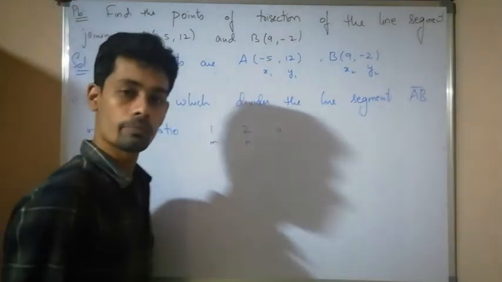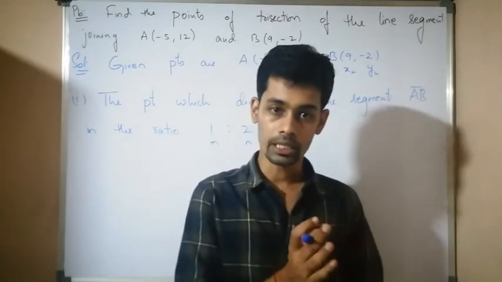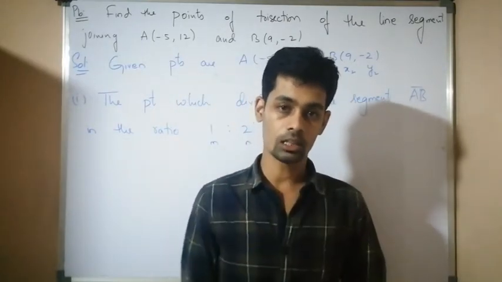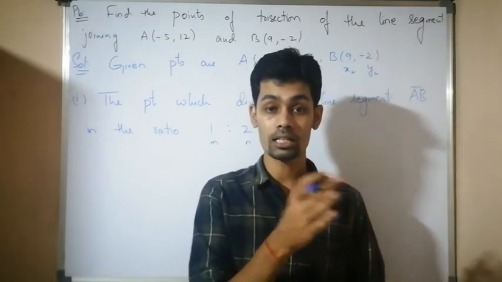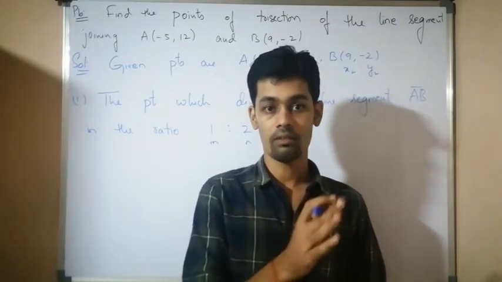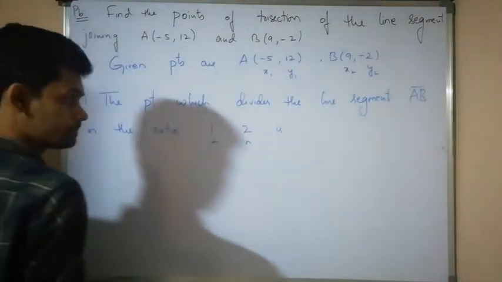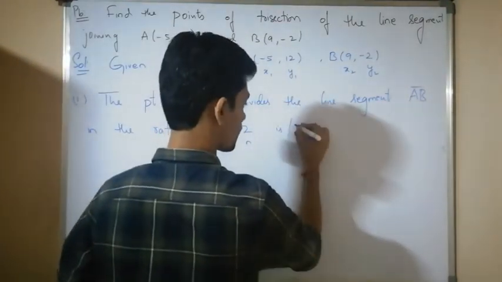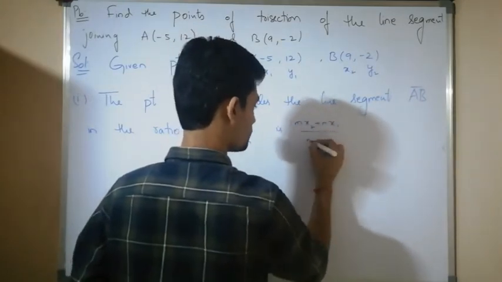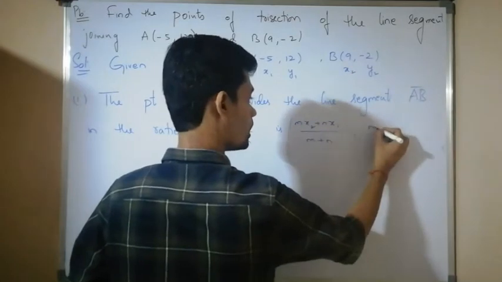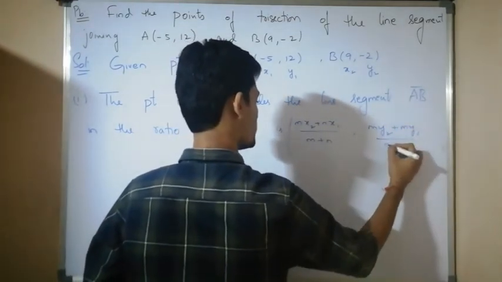Already we know the formula. If a point P divides a line segment AB in the ratio m:n, it is (m x2 + n x1)/(m + n), (m y2 + n y1)/(m + n).